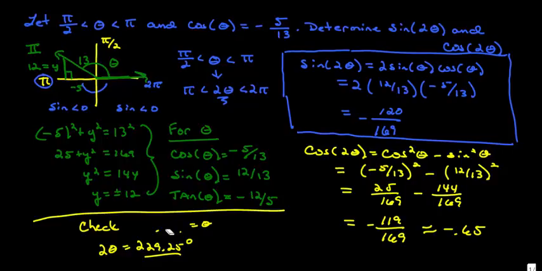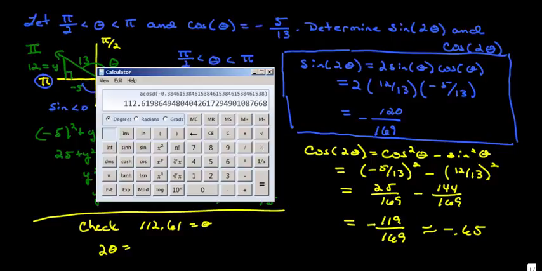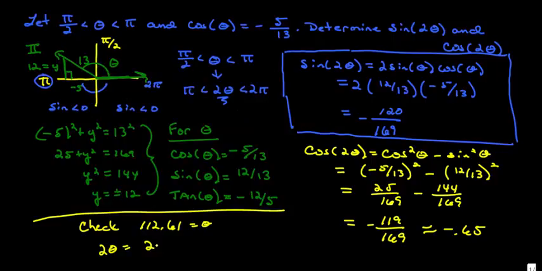So let's do this. 112.61. So do you see how by checking it, and I didn't do that on purpose, but by checking it, I was able to catch my mistake. So just verifying whether these answers are right or not. So 225.22.